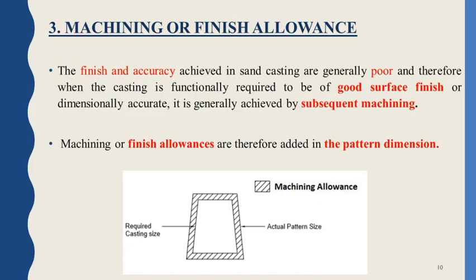In order to create such an allowance in the casting, we have to increase the size of the pattern, so that the pattern will have a larger size than the required casting, and the casting will have larger size for machining. This particular type of allowance is called the machining allowance or finishing allowance.